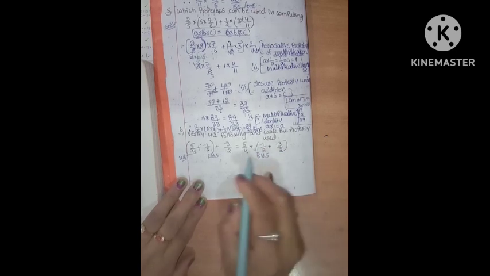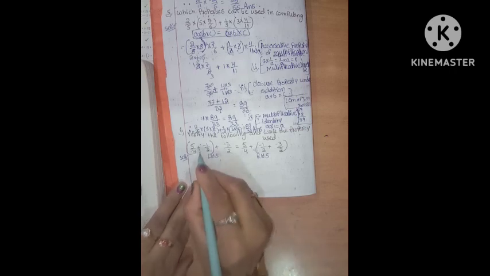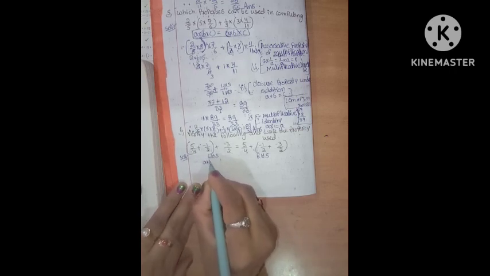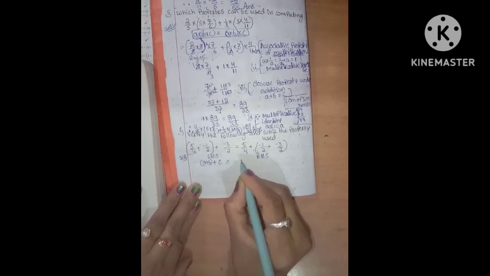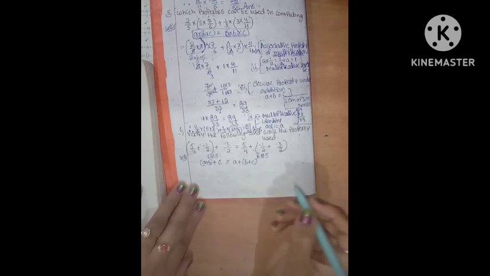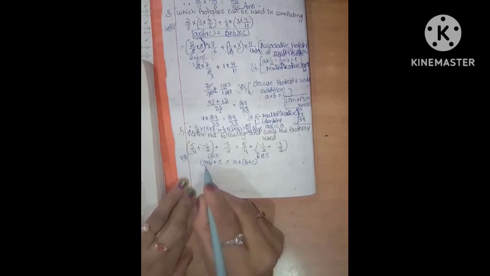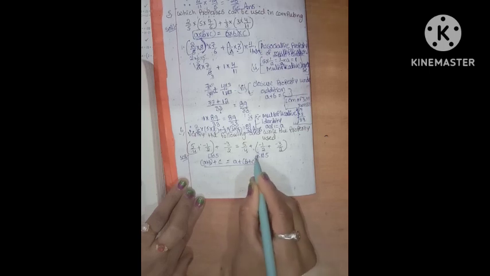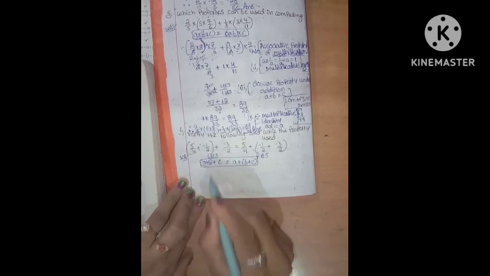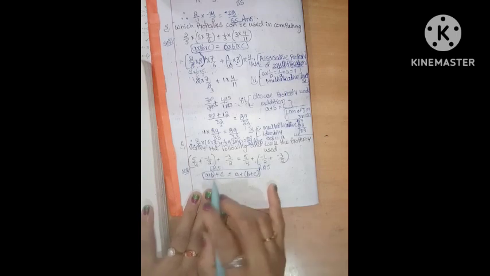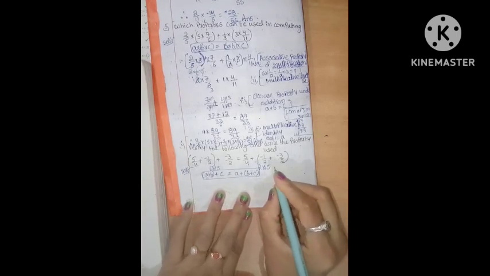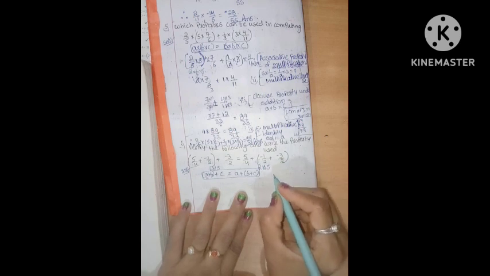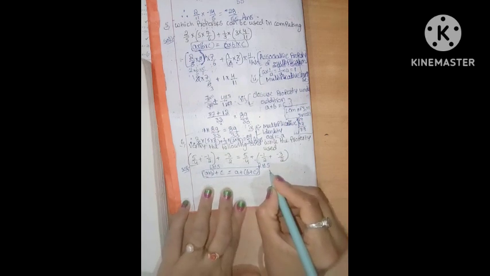What is this property? This is A plus B plus C, equal to the RHS part, which is A plus B plus C. Do you know this property? Tell me this property. Associative property under addition. Very good. Why under addition?